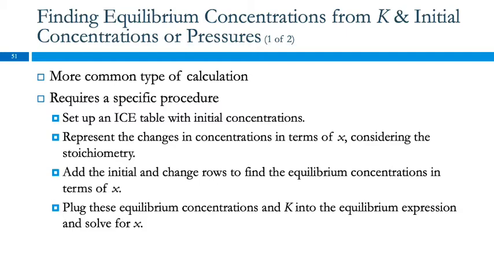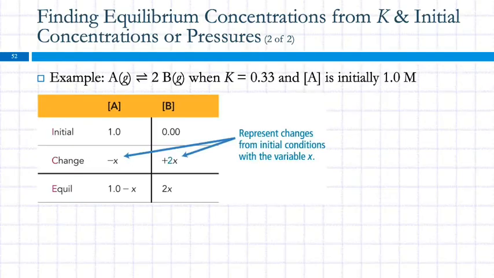Okay, so let's do this. Here's a simple example. So here we have again our A goes to 2B. Equilibrium constant is 0.33. A is initially 1 molar. So we're going to set up our ICE table. Here A is 1 molar, B is 0. Then we're going to mark the change in terms of x.